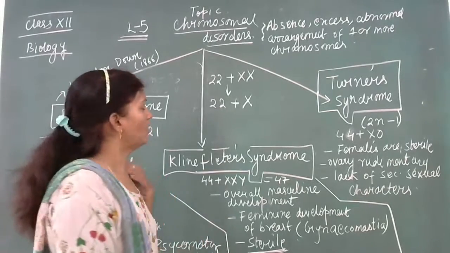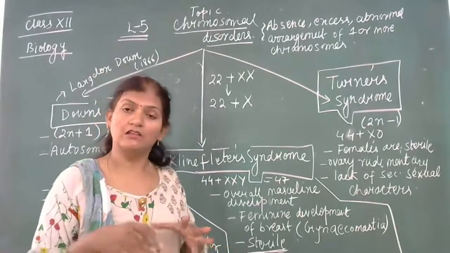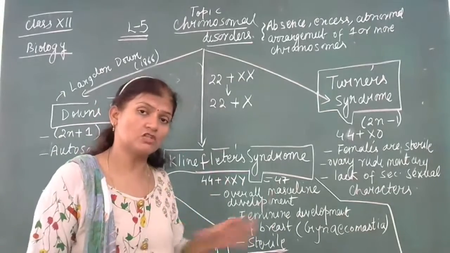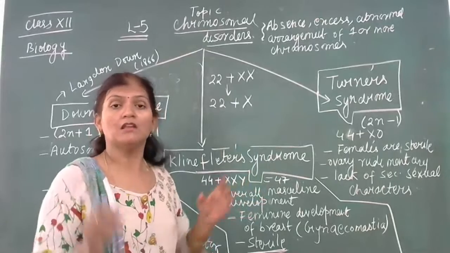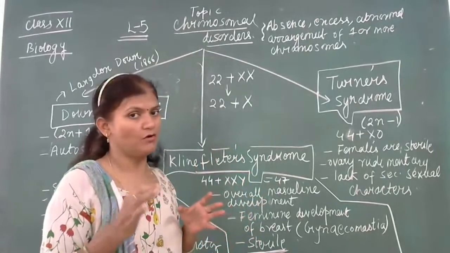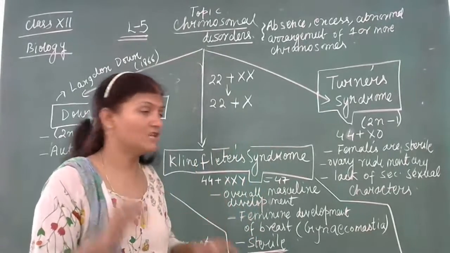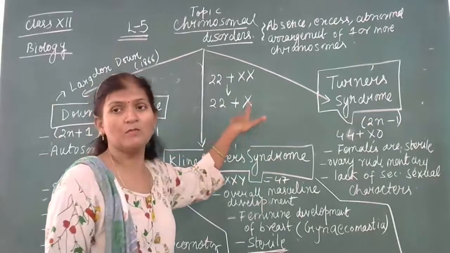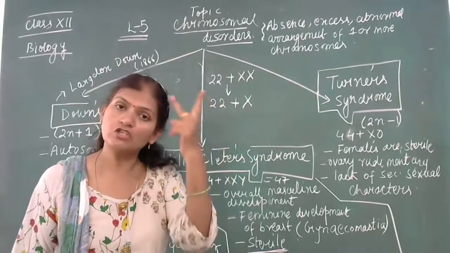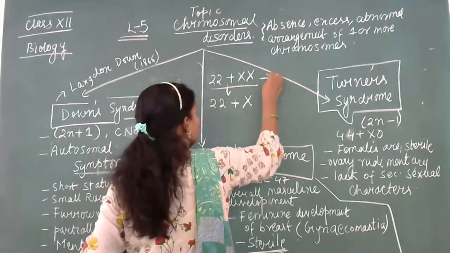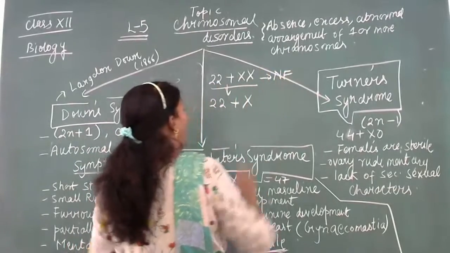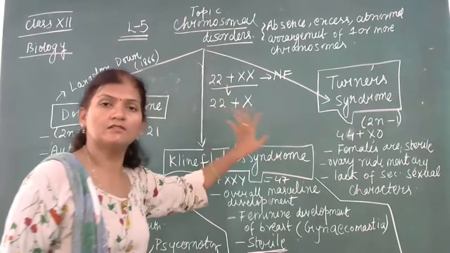And what will happen during fertilization? This type of zygote, not gamete, during fertilization will receive only one X chromosome and not two chromosomes. Here this is a normal female and this is the diseased female.